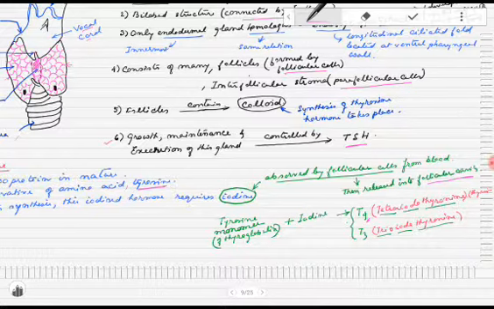Now deficiency of iodine in our diet results in hypothyroidism, and in this case enlargement of the thyroid gland takes place, which is commonly called goiter.